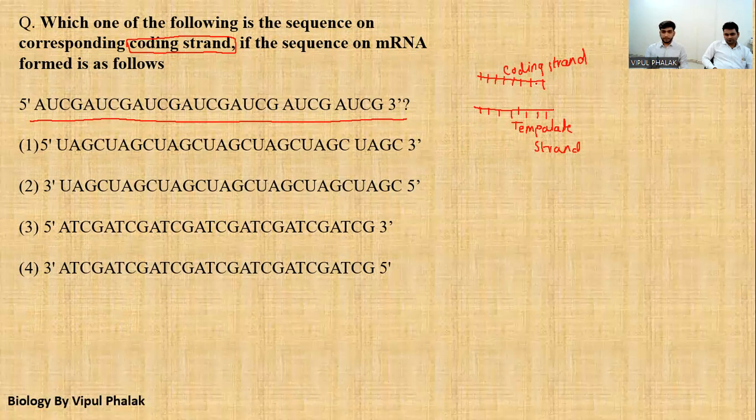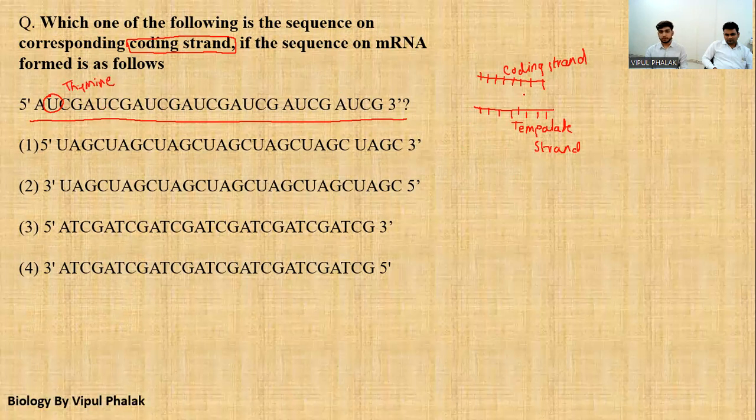So we can conclude that mRNA and coding strand have the same sequence, as they both are complementary to the template strand. Just the difference is that uracil is replaced by thymine in case of coding strand.